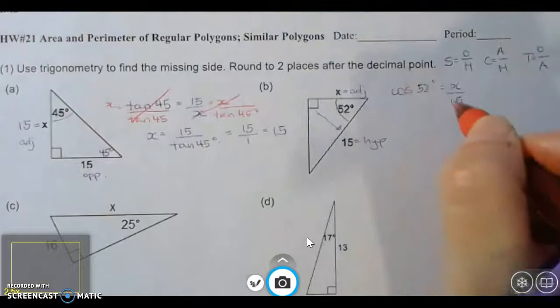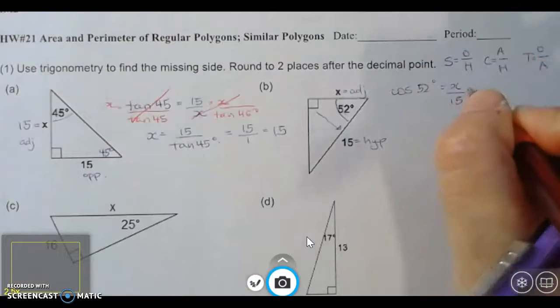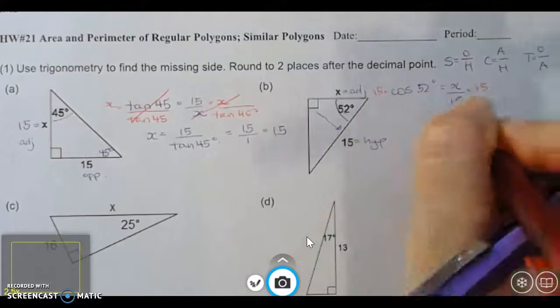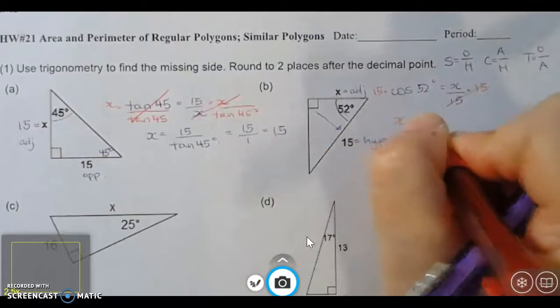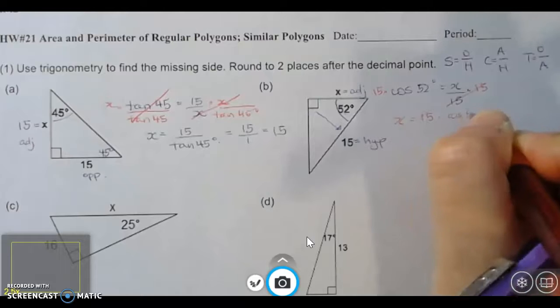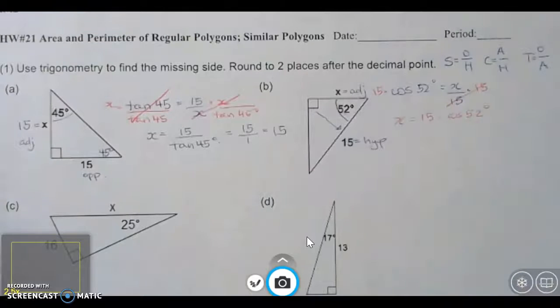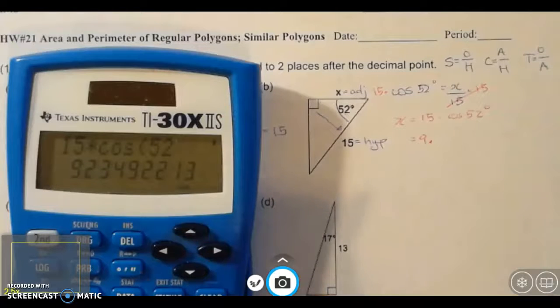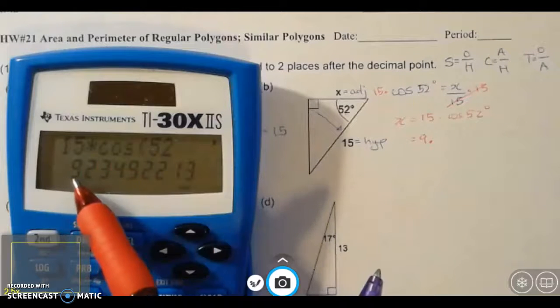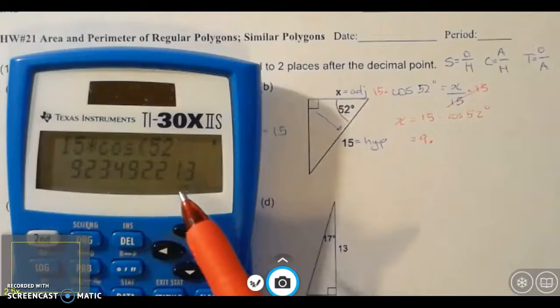Now to get rid of this divide by 15, we're going to multiply both sides by 15. So you're left with x is equal to 15 times cosine of 52 degrees. If I multiply 15 times cosine of 52, I get 9.2349, and so on.